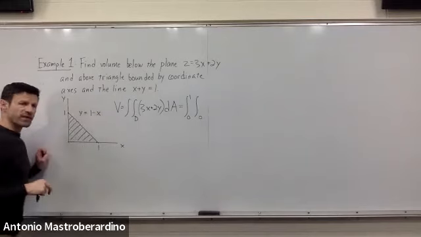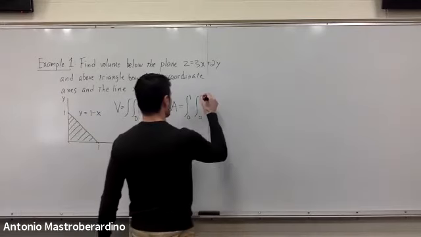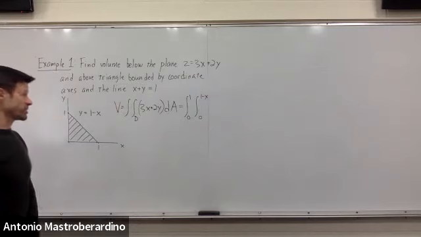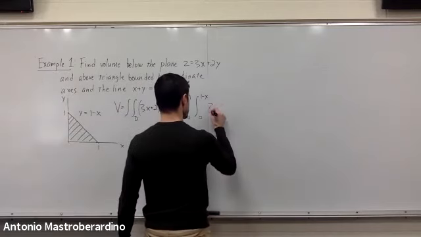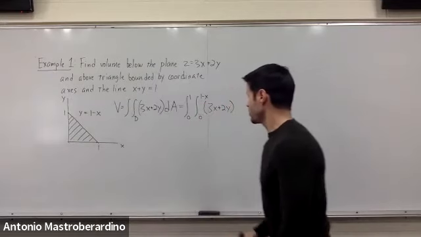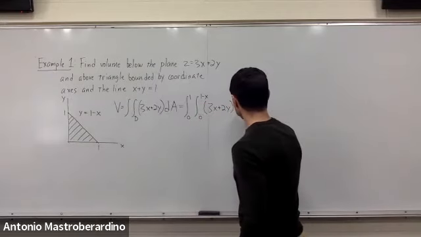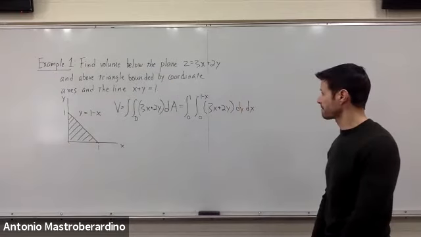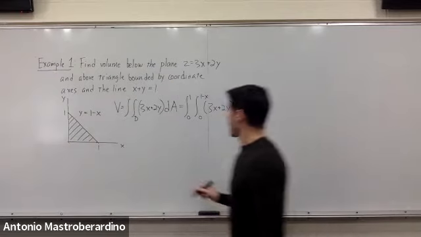So this is the curve that forms the upper bound for our y variable. Okay, so those are the limits of integration. And our function is 3x plus 2y. Doing this as a type 1 region, you're integrating vertically first, that is with respect to y, and then with respect to x. Okay, all right.